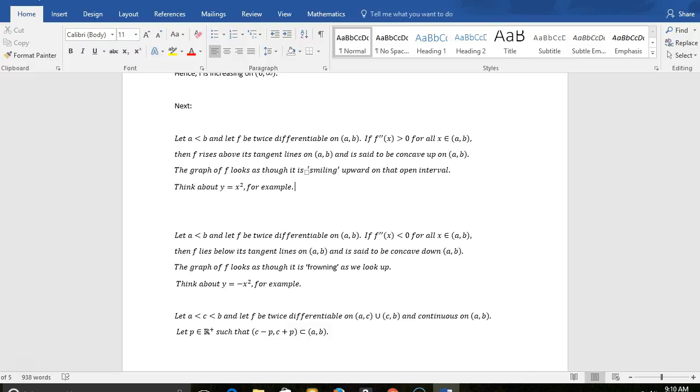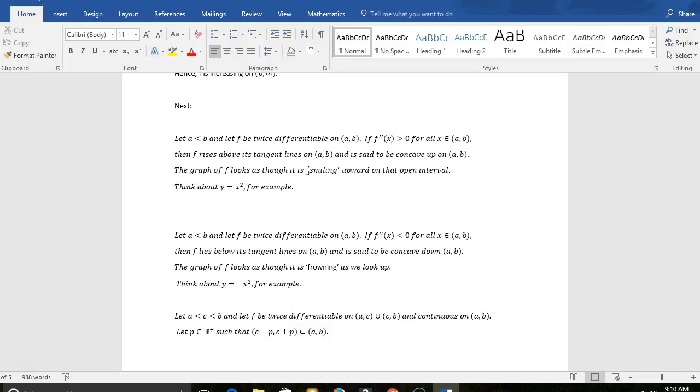It won't be anything else. Now, to the immediate left of the inflection point, f double prime will either be purely positive or purely negative. There'll be a little cluster of points to the immediate left where f double prime is positive all the way for each point, or negative all the way for each point. You won't have a mixture. It'll be one or the other.